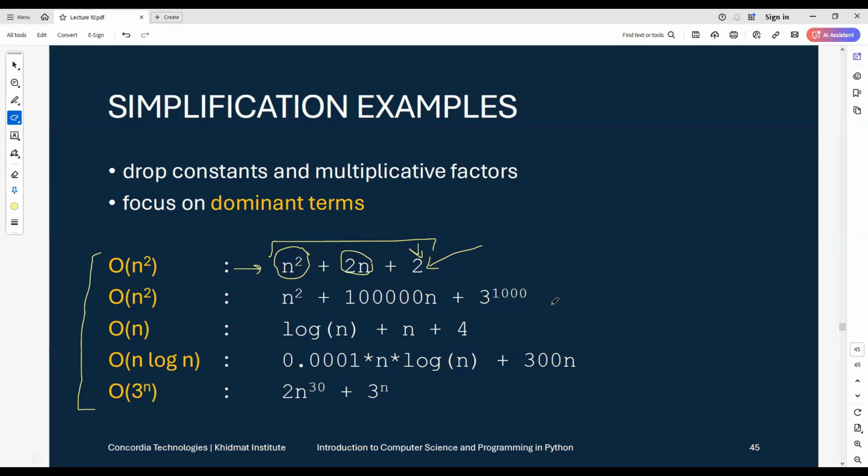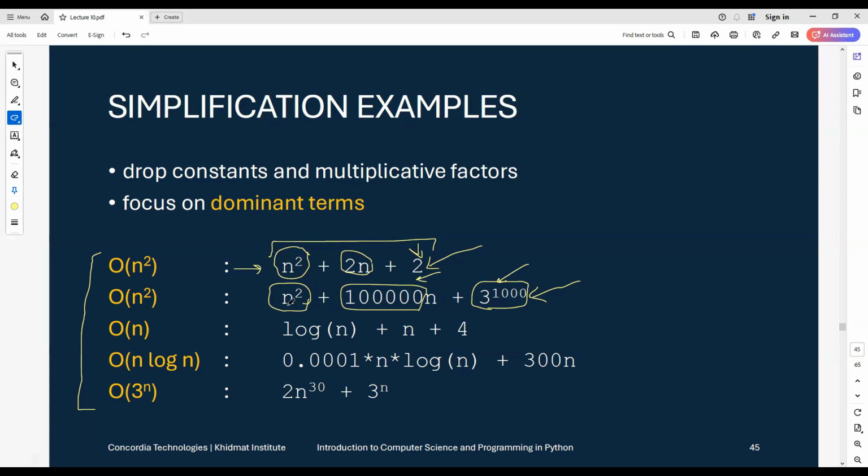So let's take a look at another example. Here we have a very large constant, another very large multiplicative constant in front of n, but the dominant term here is still n squared. The only thing I can say about this algorithm is this is a very inefficient algorithm. I don't know what it's doing here. It doesn't even make sense to do something 100,000 times every time.